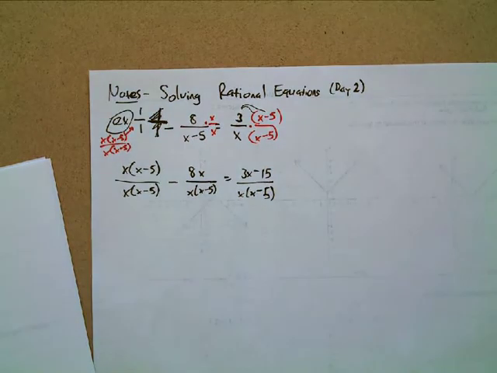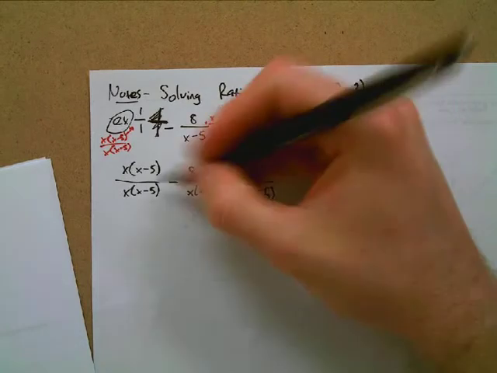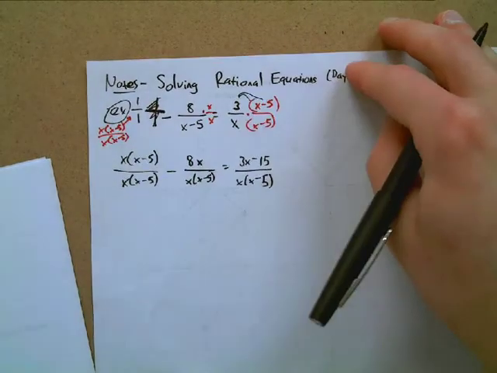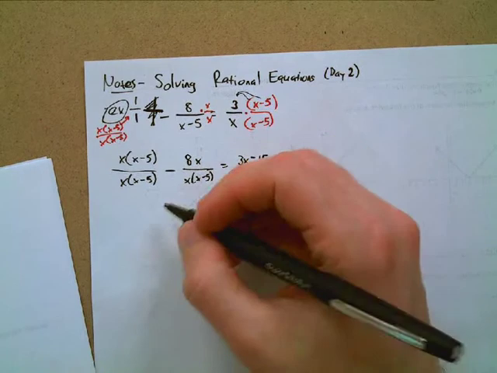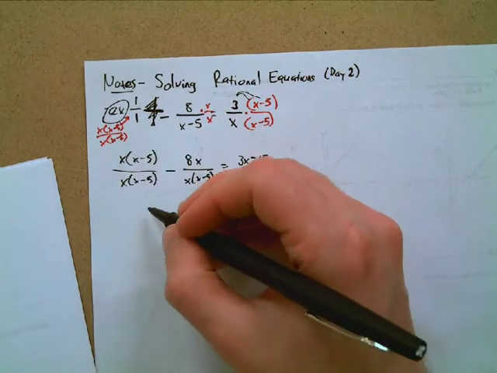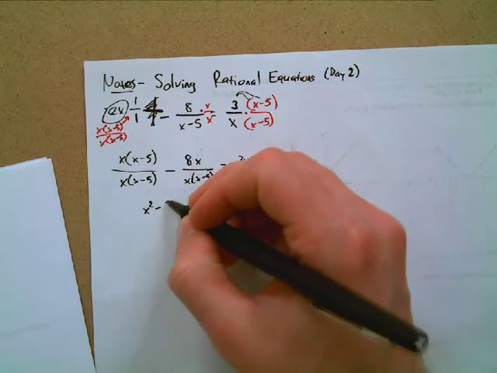Okay? Now, we'll take one more step here and combine these two fractions together since they have common denominators. And so I'll go ahead and distribute the x as well. So I'll have x squared minus 5x, but then minus the 8x.